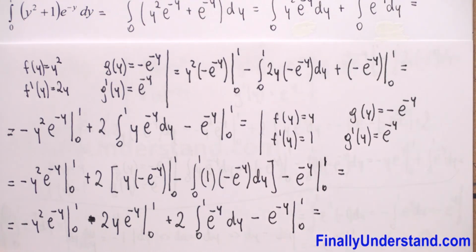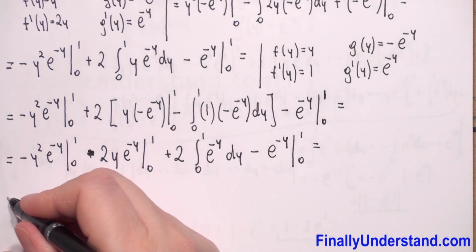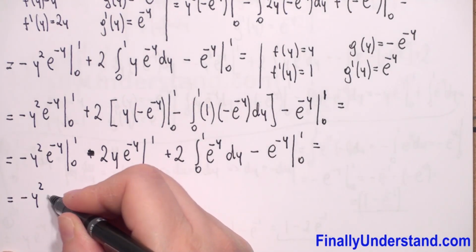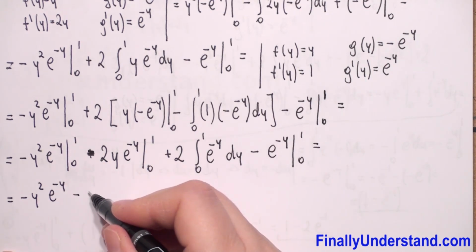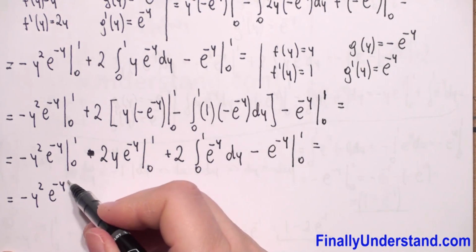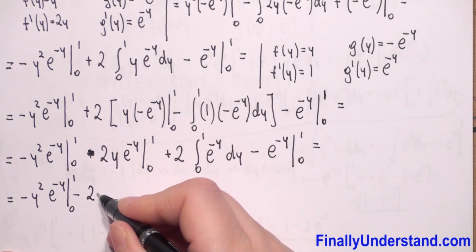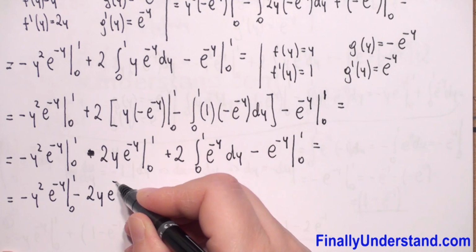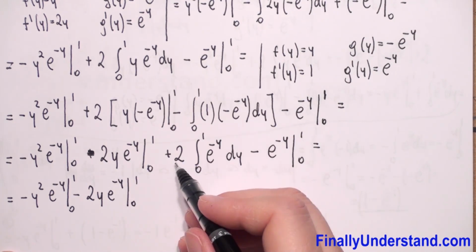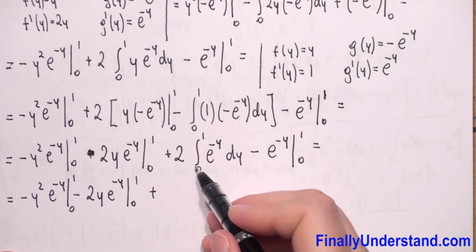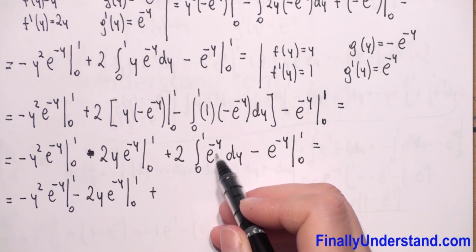So this is equal, we have negative y squared e to the power negative y, minus, of course, limits from 0 to 1, minus 2 times y e to the power negative y, limits from 0 to 1, and we have plus, we have the integral of e to the power negative y.